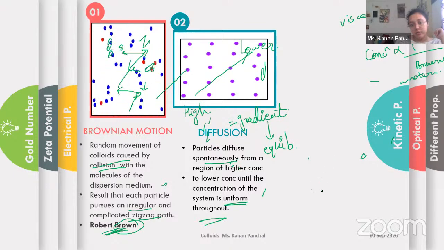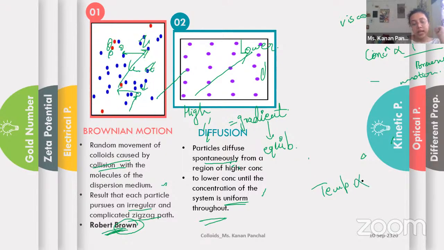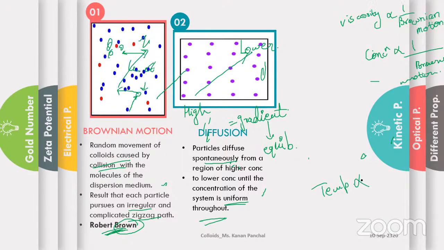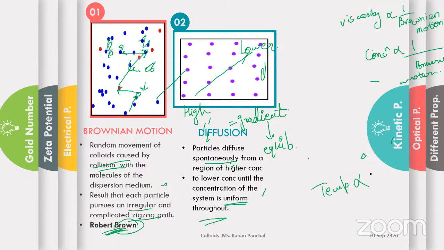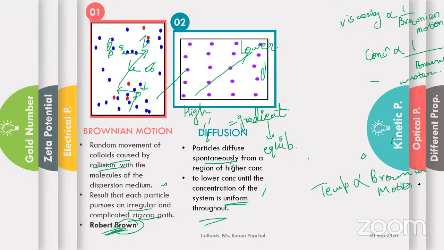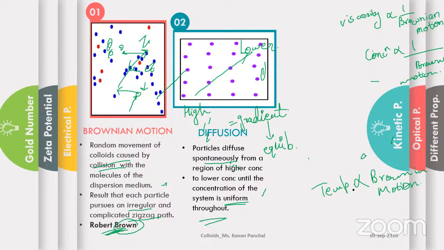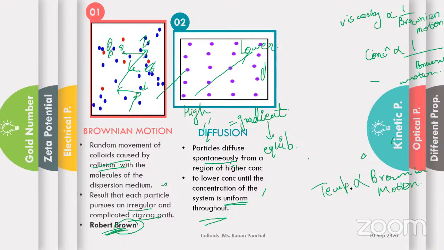What about temperature? Temperature is directly proportional. If temperature is high, then Brownian motion will be more. Correct. Why? Because heat provides kinetic energy, and the molecules move in random kinetic motion.